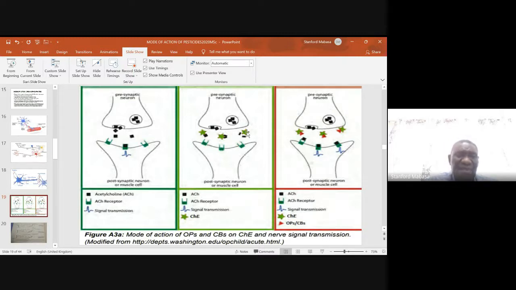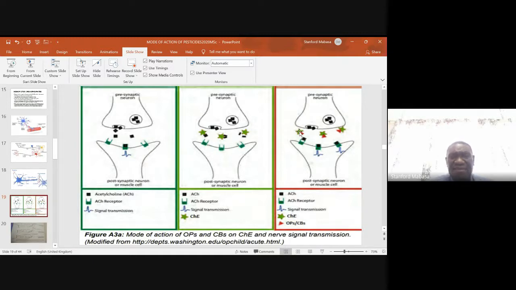So each time it has to combine with the enzyme, but temporarily, then it has to be released. So the importance of the enzyme is to break the continuation of this message.